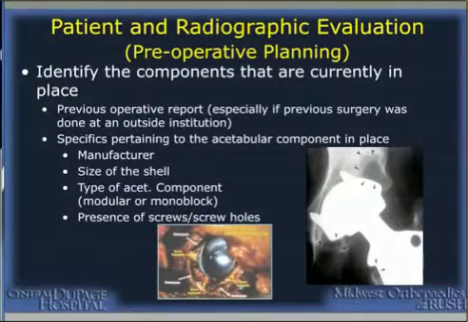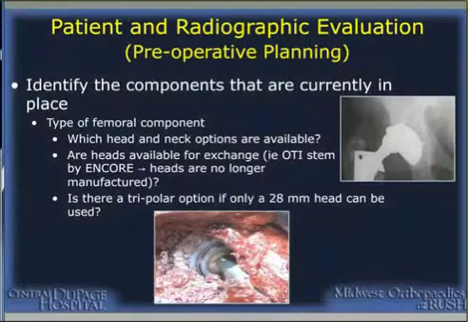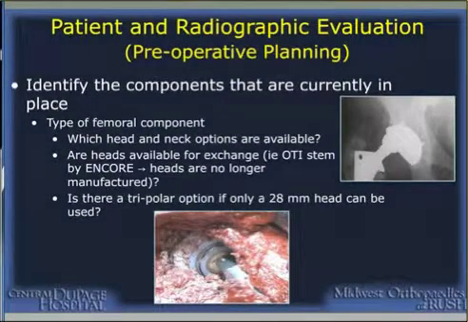Also, we have to know what the femoral component is to be able to change the heads, make sure that you have the right size taper, make sure it's not an off-brand type of component, and also, a lot of these femoral components only have 28 millimeter heads, so you want to have bipolars available in case we want to upsize the femoral head.